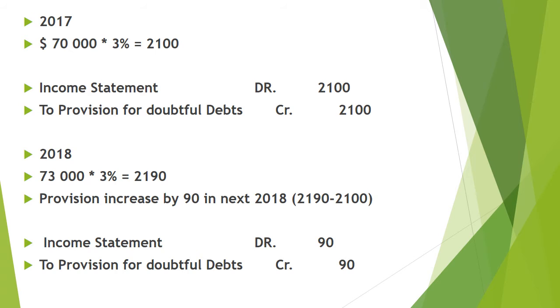So we record this increase in provision as an expense in the income statement: debit income statement, credit provision for doubtful debts, 90.